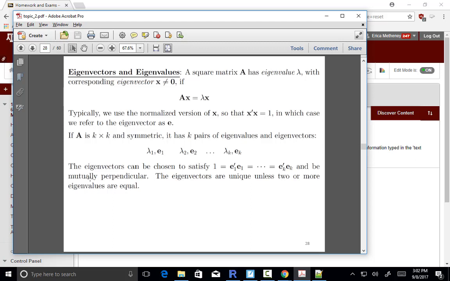And so this is talking about a square matrix, A. I mentioned last time that we're going to be especially interested in square matrices because a covariance matrix is a square matrix, and we're going to do a lot with covariance matrices. So a square matrix A, we can decompose into component chunks, where those components are represented by a scalar and a vector. The scalar is called the eigenvalue, and the vector is called the eigenvector.